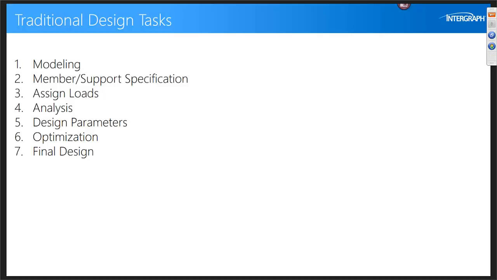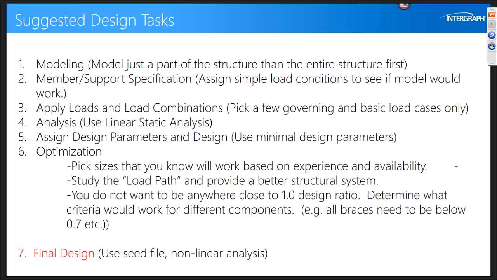Now, a lot of engineers think that this can all be done in one shot, but sadly that's not the case. Okay, this has to be broken down. So that's my suggested design tasks slide that I'm showing you. What we could do is model the structure.